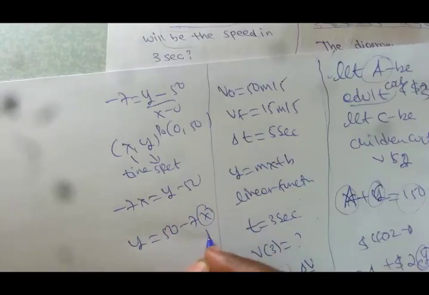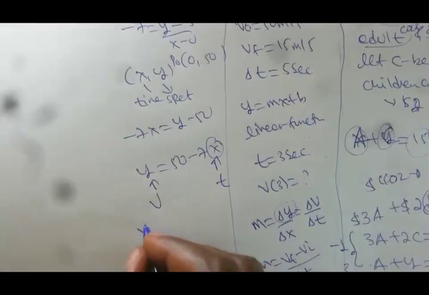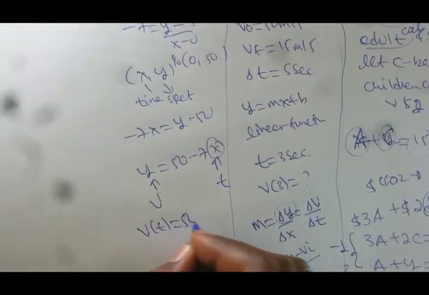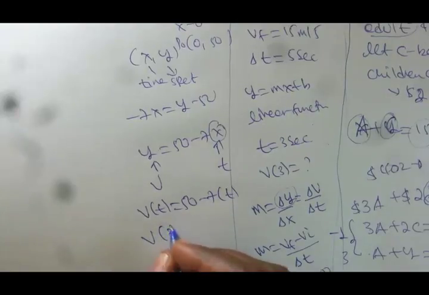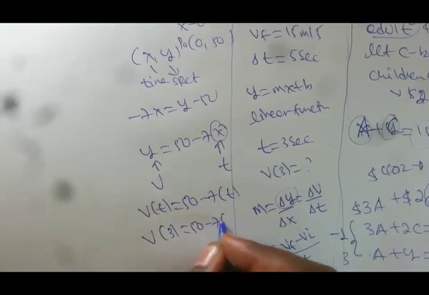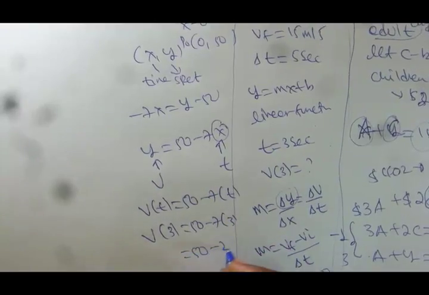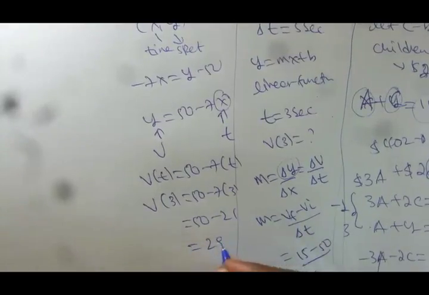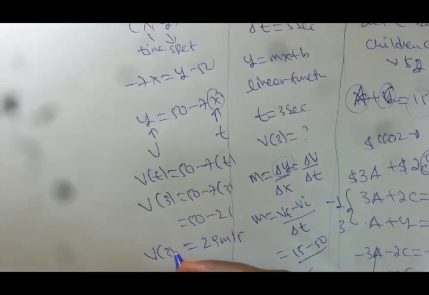What does x represent? It represents time. And what does y represent? It represents v. Therefore v of t is equal to 15 minus 7 times t. And we are asked to find v of 3. Therefore 15 minus 7 times, in terms of t we will insert 3. 15 minus 21 is equal to minus 6 meters per second when the time is v of 3.